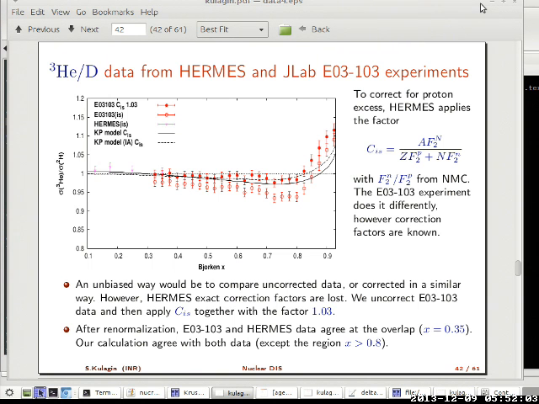for this helium-3 to deuterium ratio, which were done earlier by the Hermes experiment and recently by the JLab experiment. These two measurements have an overlap exactly in this region between 0.3 and 0.4.